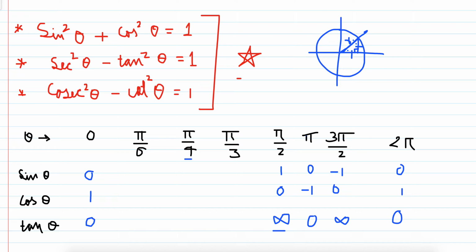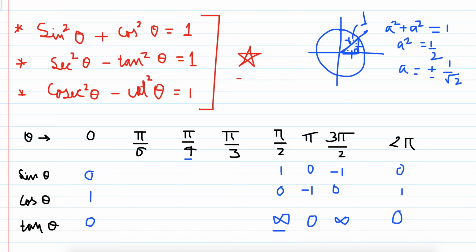So if this radius is equal to 1 and a square plus b square is equal to 1, a and b are same, so we can write a square plus a square is equal to 1, or 2a square is equal to 1, or a square is equal to half, or a equal to plus minus 1 upon root 2.